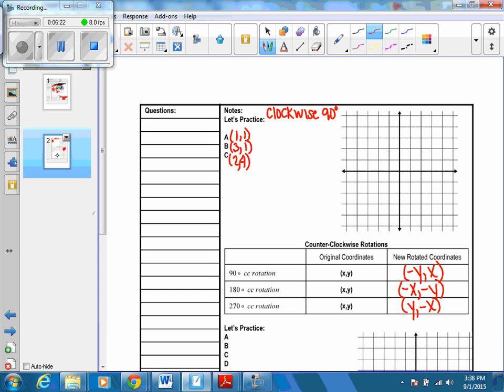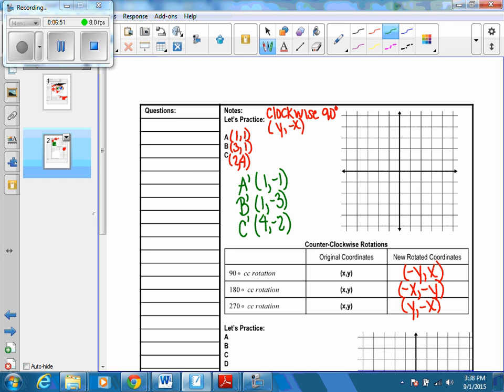So remember, it's going to be y, comma, negative x. My new coordinates would be: for A prime, 1, comma, negative 1. B prime would be 1, comma, negative 3. And C prime would be 4, comma, negative 2.